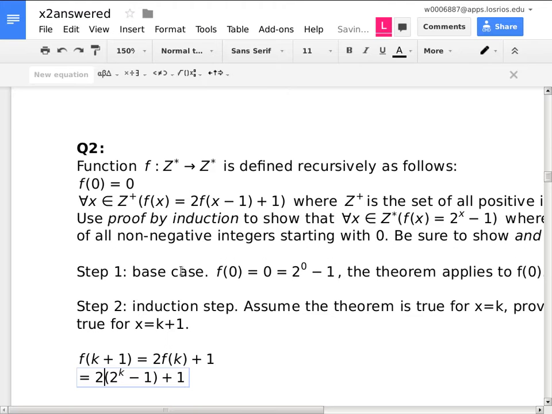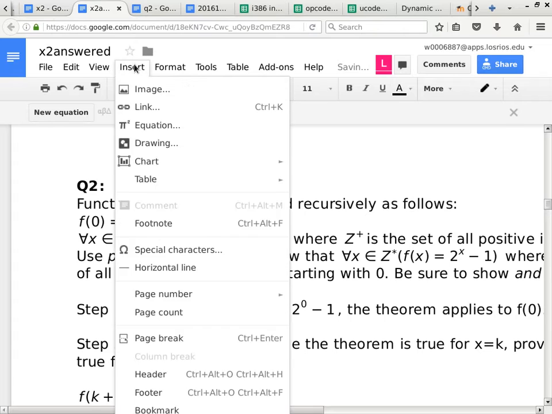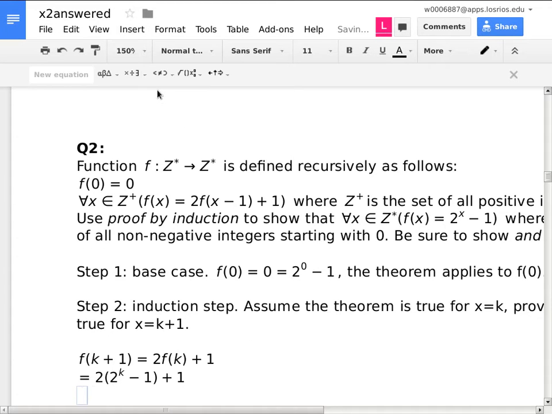The only difference between these two lines is that f of k, using the assumption of the induction step, is now expanded to 2 to the power of k minus 1. The rest of this is really nothing more than simple algebra. Because now we have 2 times 2 to the power of k, so it becomes 2 to the power of k plus 1.